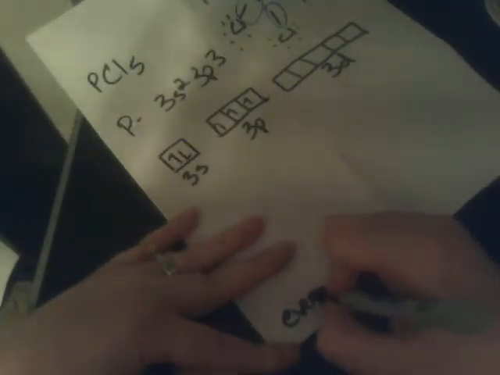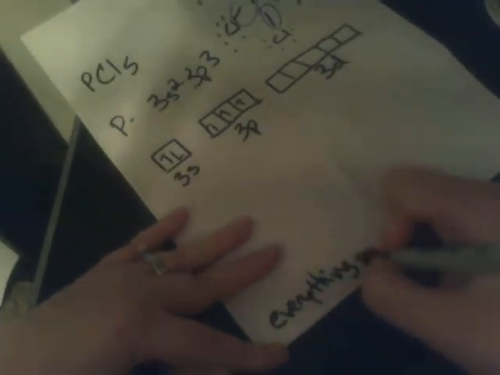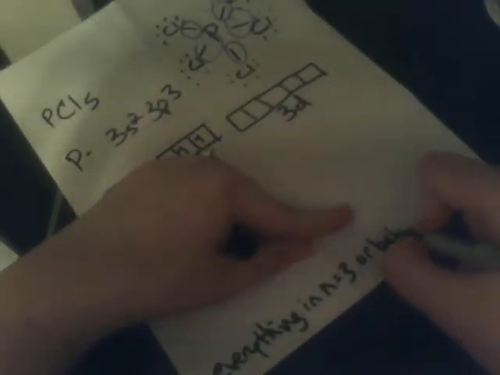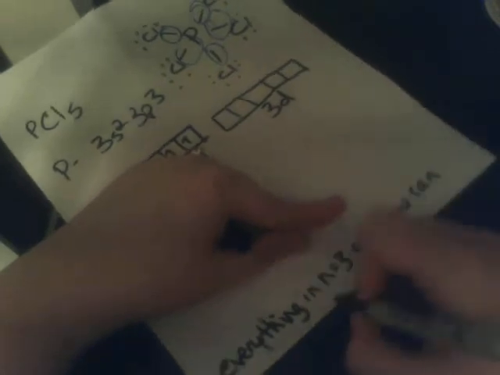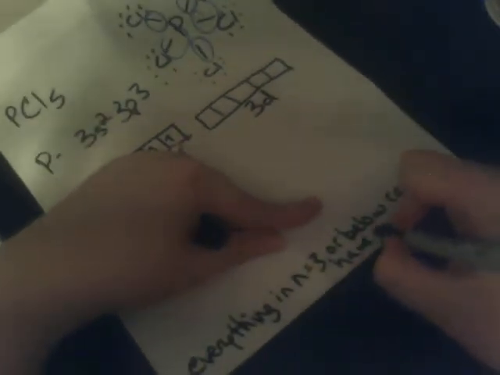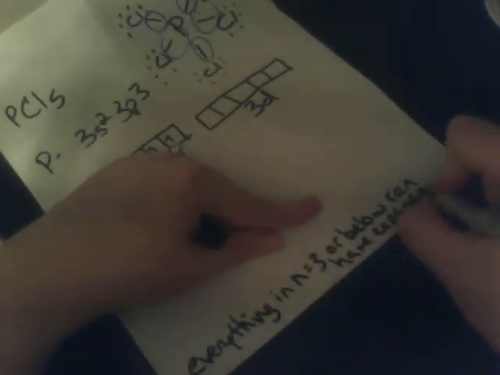So we're going to note that down here. Everything in n equals 3 or below can have expanded octet. Right? So that means that they are not bound by the rules of the octet.